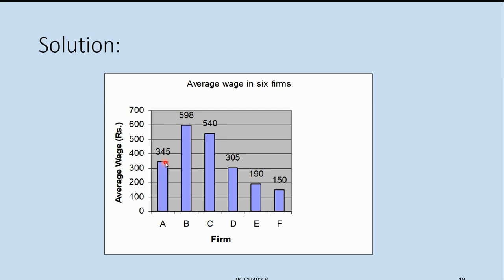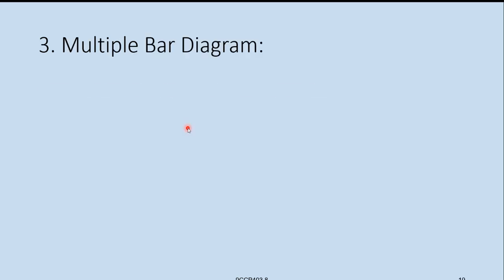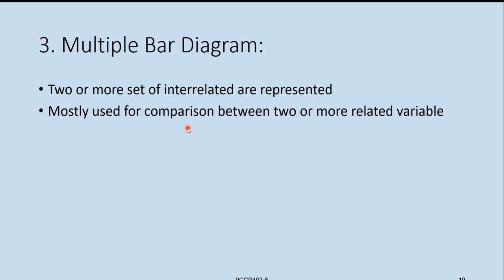That means the wages are less in the case of A firm and wages are more in the case of B firm. Like that we can understand. Mostly used for comparison between two or more related variables.